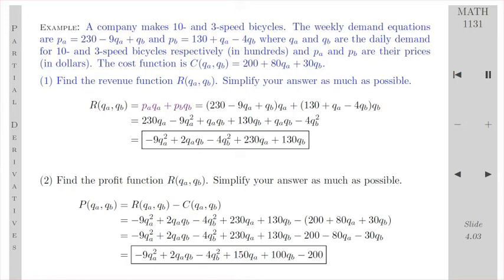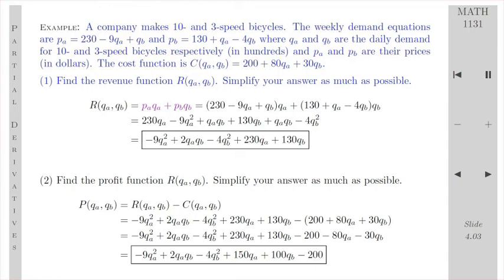So now let's find the expression based on the given information. The revenue from 10-speed models is the price per bike times number of bikes for the 10-speed bikes, which we are denoting the prices by PA and QA, so that gives me PA times QA. For 3-speed bikes, it's PB, QB. So total revenue is what I get by adding those two. Now it's very much like the one variable case.